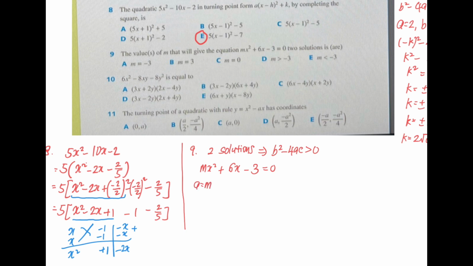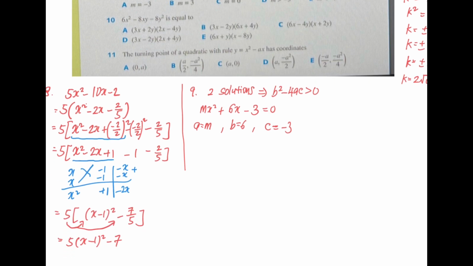mx squared plus 6x minus 3 equal to 0. So our a is equal to m, b is equal to 6, c is equal to minus 3. So we have a, b, c here. And now we use b squared minus 4ac more than 0.